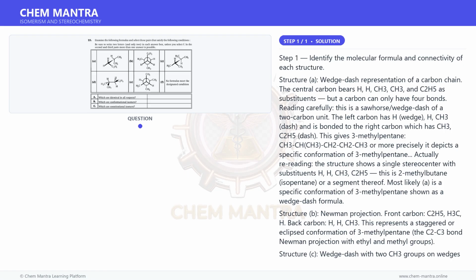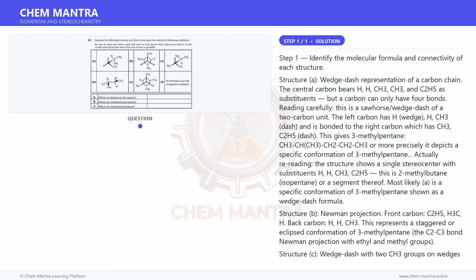Structure A: a wedge-dash representation of a carbon chain. The central carbon bears H, CH3, CH3, and C2H5 as substituents, but a carbon can only have 4 bonds. Reading carefully, this is a sawhorse wedge-dash of a 2-carbon unit.